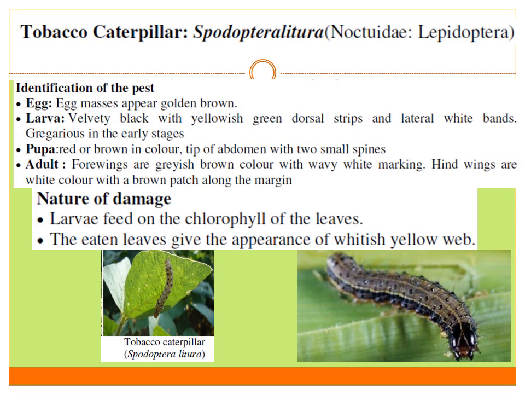The nature of damage is that larvae feed on the chlorophyll of the leaves. The eaten leaves give the appearance of whitish yellow web. You can see here at the left photo the effect of the infestation.